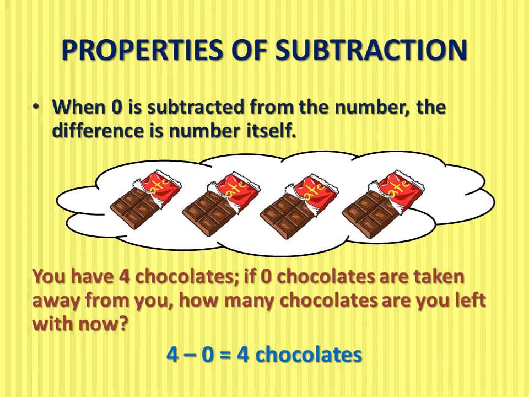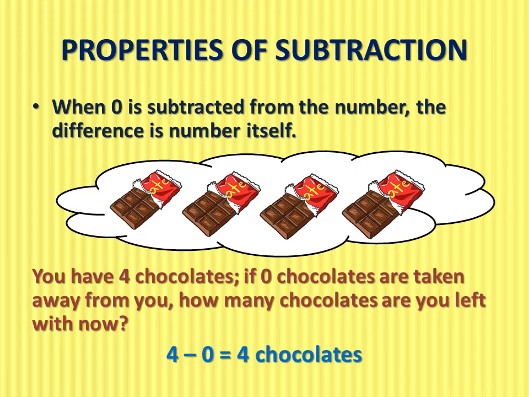Now here are some properties of subtraction. The first property is when 0 is subtracted from a number, the difference is the number itself. Let us understand this with the help of an example. Suppose you have 4 chocolates and if 0 chocolates are taken away from you, that means nothing has been taken away from you.